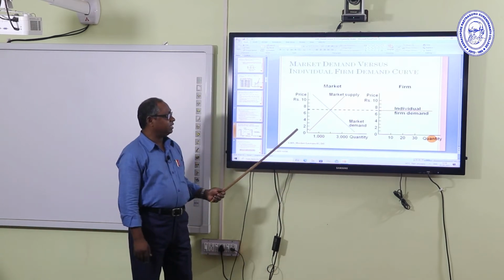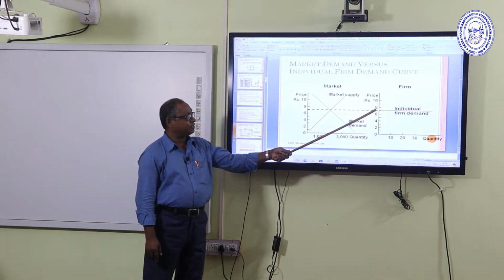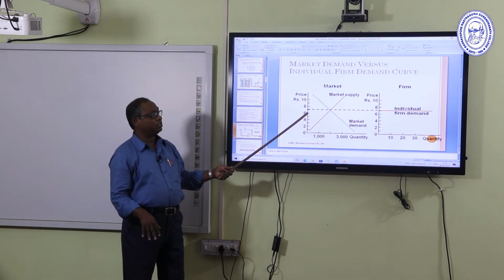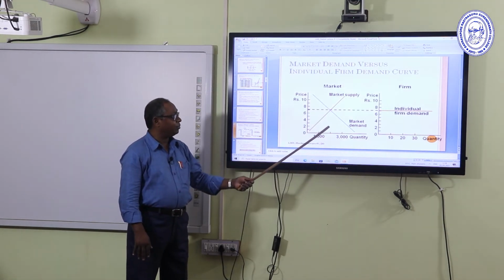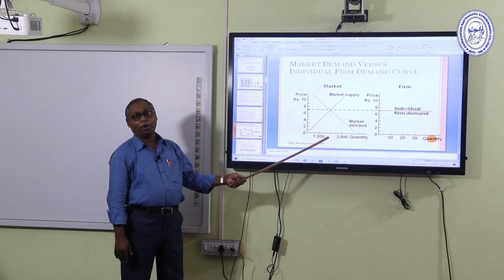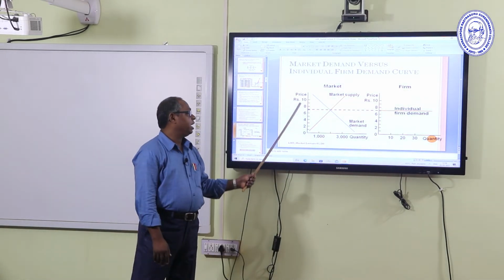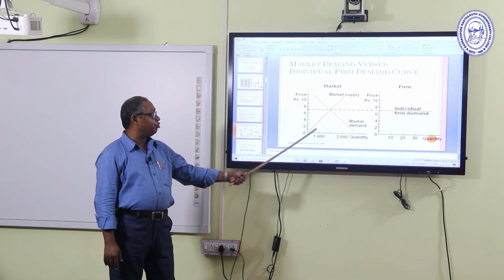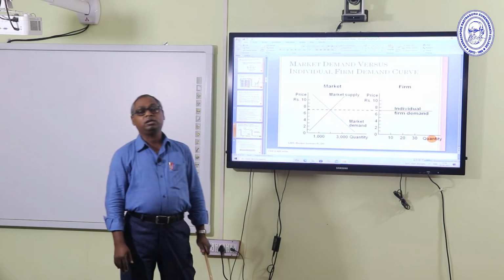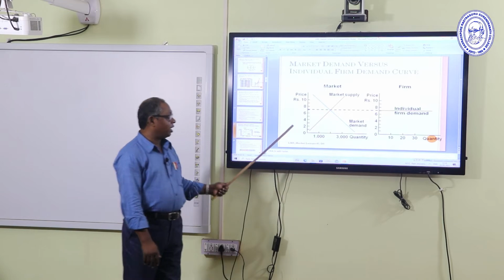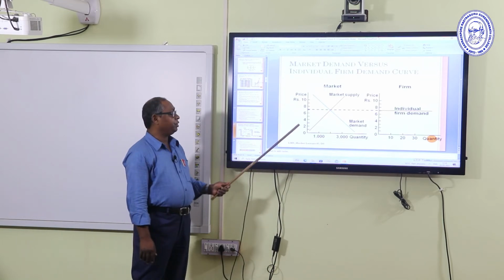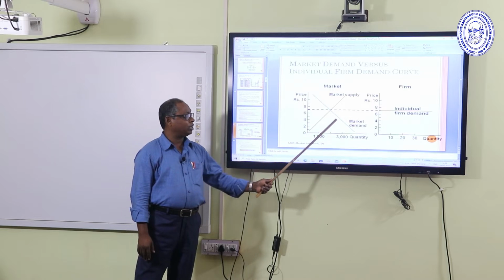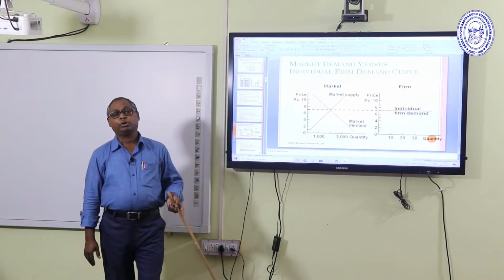But at each and every price, say at 7 here, all farms in the industry are jointly supplying that amount, 2000 units of output. And similarly, if price rises to 10, then the amount sold by all firms in the industry will reduce. And if price is below 7, then all firms will want to supply more output together.